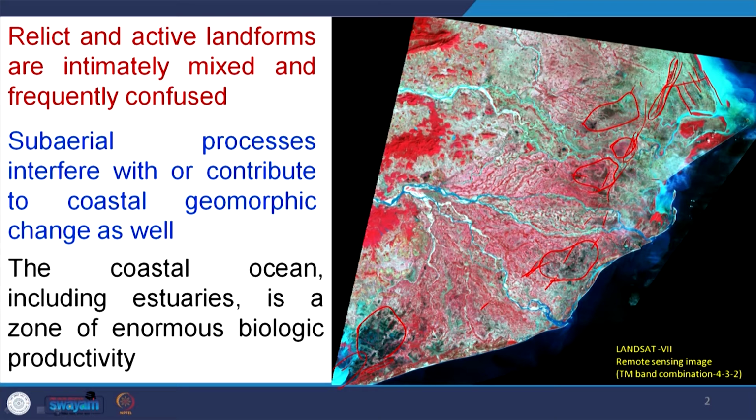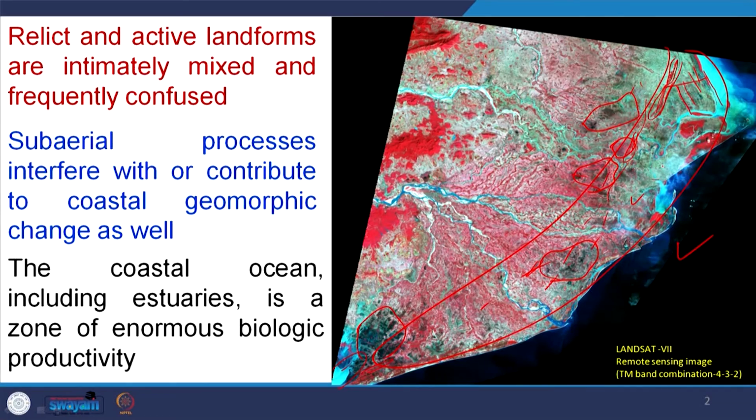In this coastal zone you will find many geomorphic agents that worked in the geological past, and some are working nowadays, particularly the ocean and Aeolian activities, or the wind. If you remember, when we talked about Aeolian activities, the parabolic dunes and the Aeolianites are mostly confined along the coastal zone.